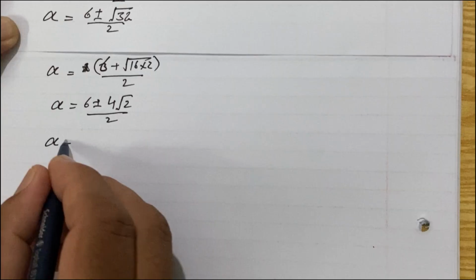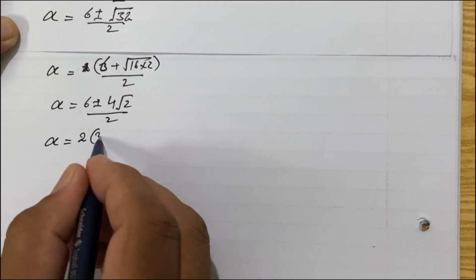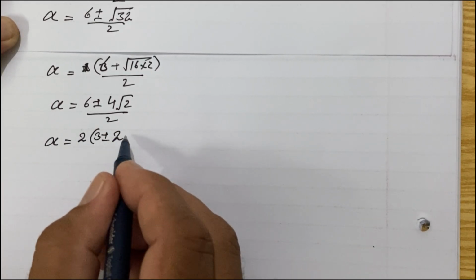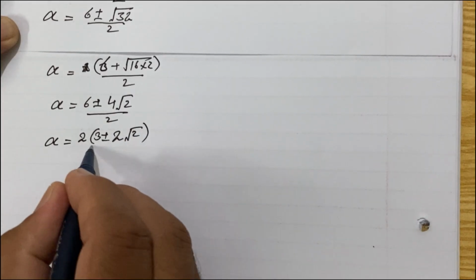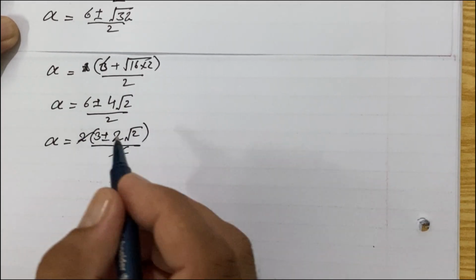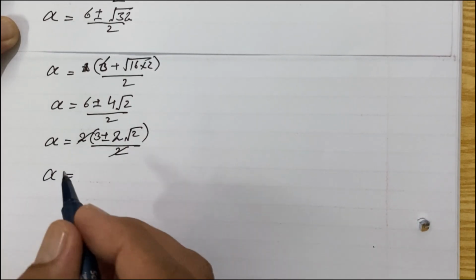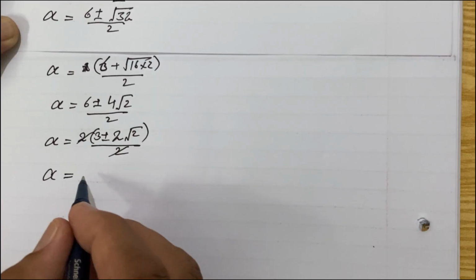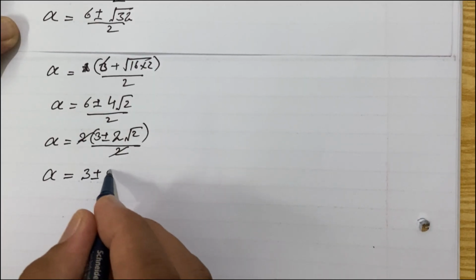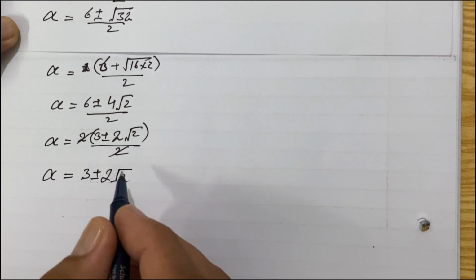Taking 2 common, 3 plus minus 2 under root 2 over 2. 2 is cancelled. Therefore, a is equal to 3 plus minus 2 under root 2.